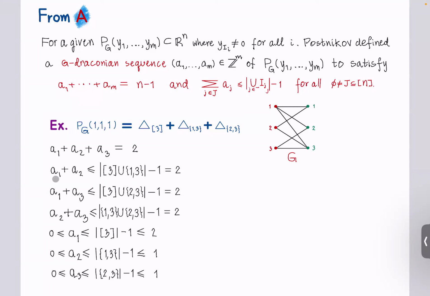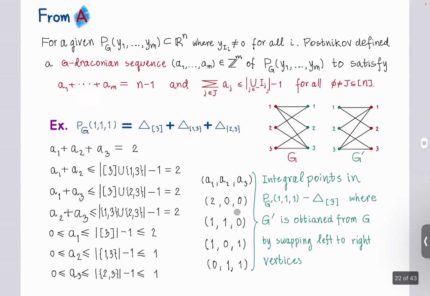And let's say A1 plus A2 is going to be equal to the union of I1 and I2, where I1 is bracket 3 and I2 is 1, 3, and then you subtract 1 from the cardinality. So you get 2. So you do this for all of the possible combinations, and you're going to get these inequalities. And you can solve it even by hand easily, that these 4 points are going to be our G-draconian sequences.